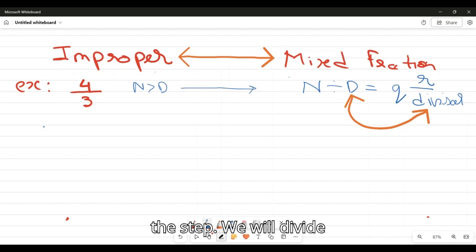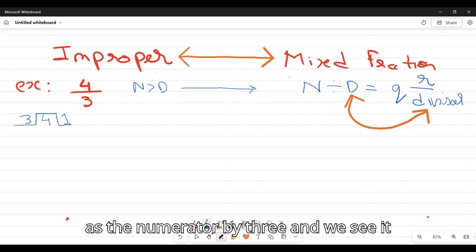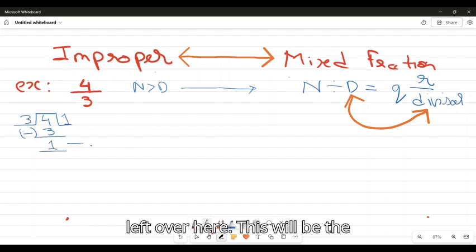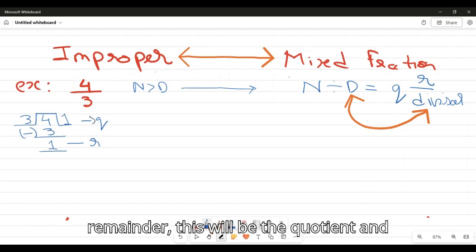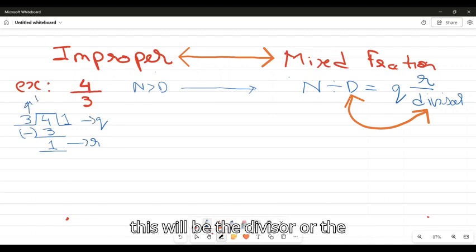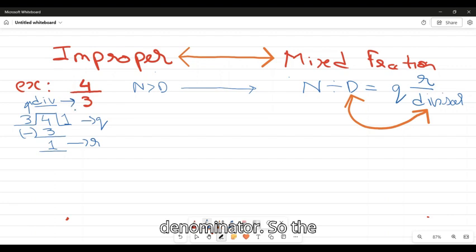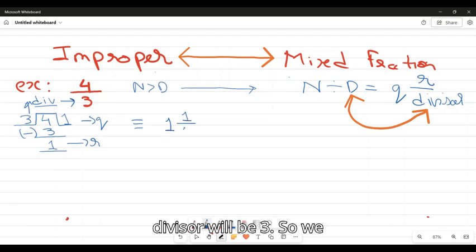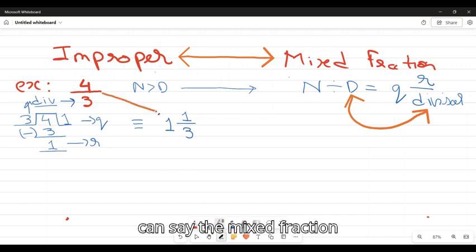Proceeding to the step, we will divide the numerator 4 by 3, and we see it goes one time. We have 1 left over here. This will be the remainder, this will be the quotient, and this will be the divisor or the denominator. So the equivalent will be 1 whole part, 1 remainder, and the divisor will be 3. So we can say the mixed fraction equivalent of improper fraction 4 by 3 is 1 and 1 by 3.